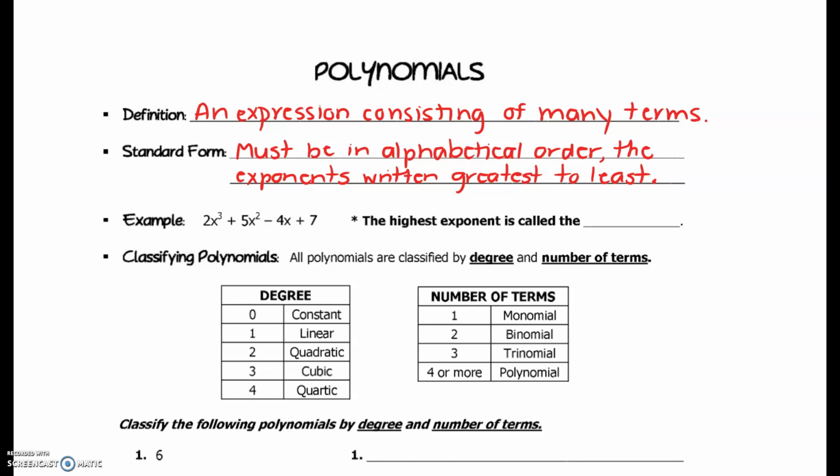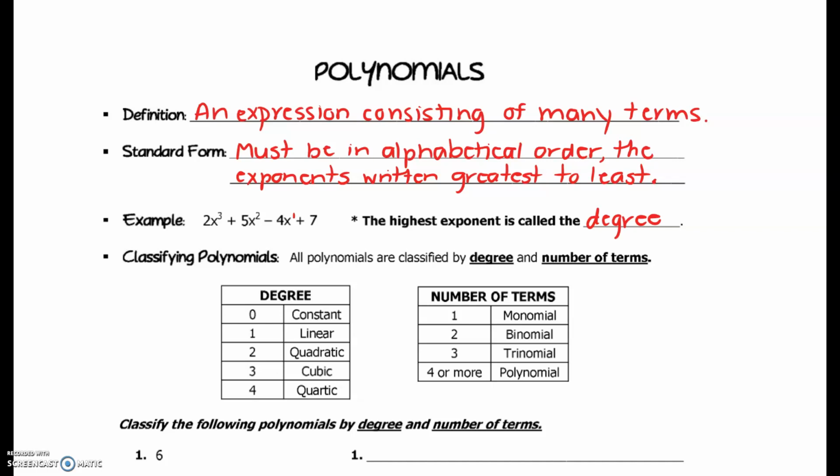If we're looking at this expression, we have an example here where you can see you have x to the third, x to the second, x to the first, even though there's not an exponent written there, we assume it's a 1, and then our constant term, which really has an exponent of 0. The highest exponent in any of these expressions is known as the degree. So when we classify these polynomials, they are classified by their degree and their number of terms.